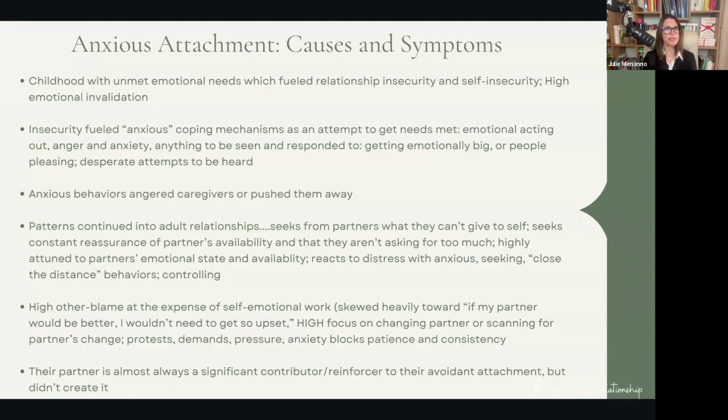And so what happens in this anxious attachment is these patterns of trying to get needs met go on into the adults' relationships. And oftentimes, those with anxious attachment will find themselves in relationships with those with avoidant attachment. I won't go into why unless you want to ask me that, but that's typically what happens.